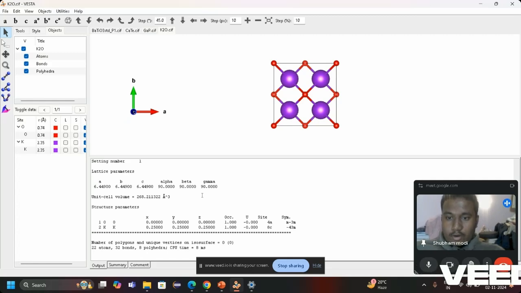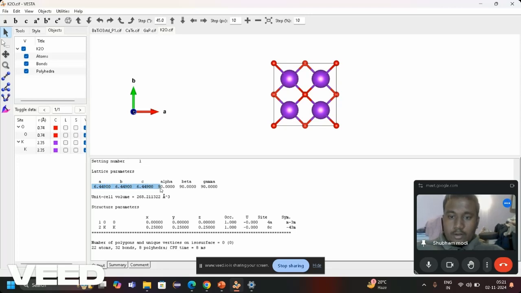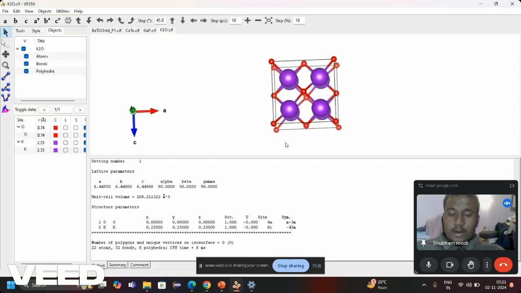Yes, the file got run and the lattice parameter here is 6.449 and alpha = beta = gamma = 90 degrees, which means this is also a cubic structure. Here the oxygen atoms form an FCC lattice and the potassium atoms occupy all the tetrahedral voids. Each oxygen atom is surrounded by 8 potassium atoms, while each potassium atom is surrounded by 4 oxygen atoms, resulting in 8:4, which means 2:1 coordination.